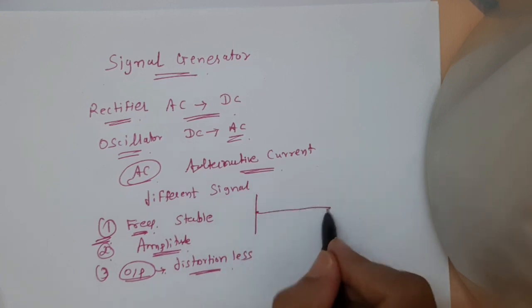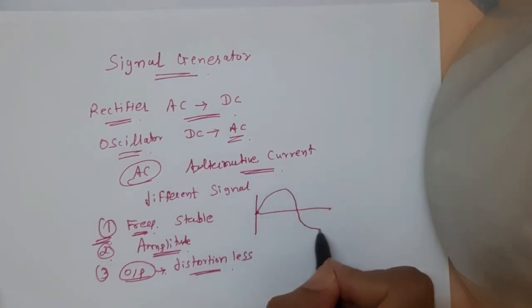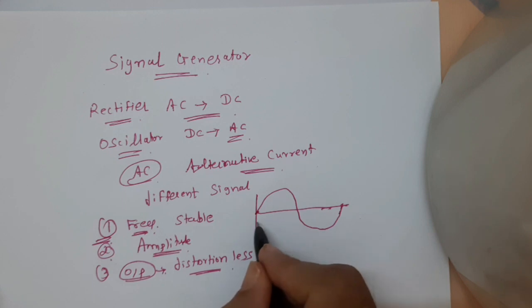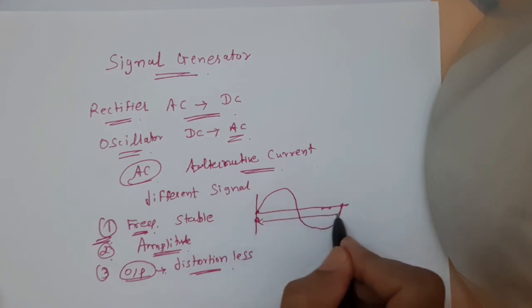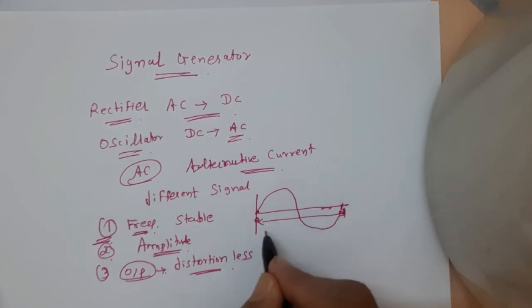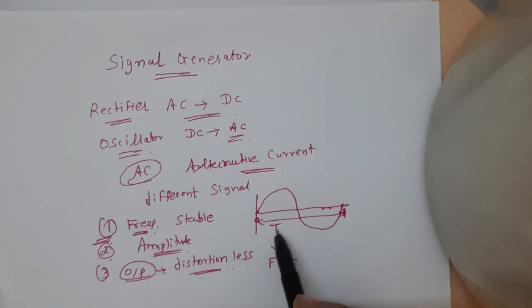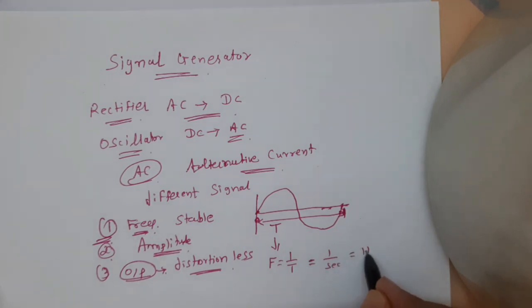We can say that this is our sine wave signal. From here to here, this is the periodic time, and from the periodic time we can find the frequency. This T is our periodic time. F is equal to 1 upon T, that means 1 upon second, which is nothing but hertz.